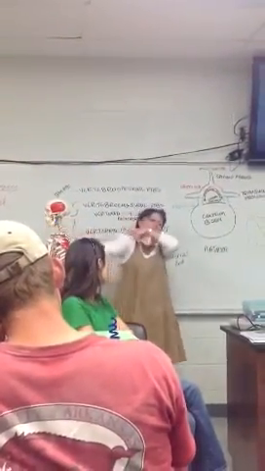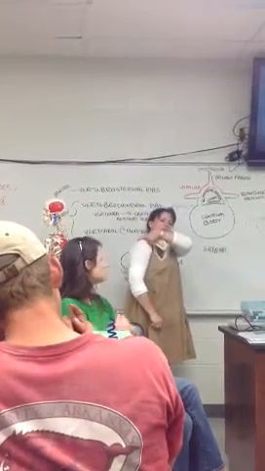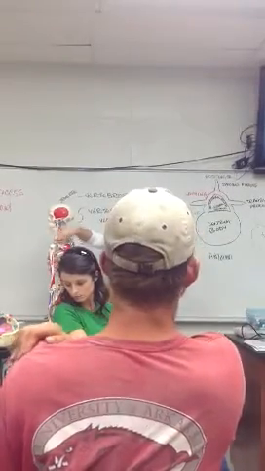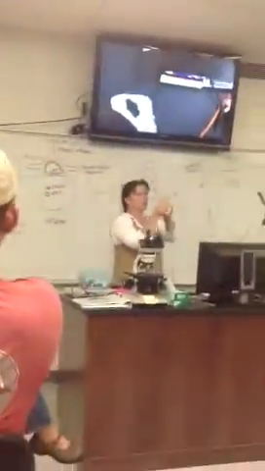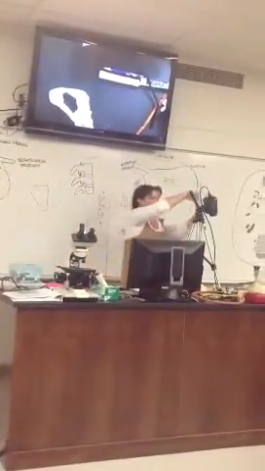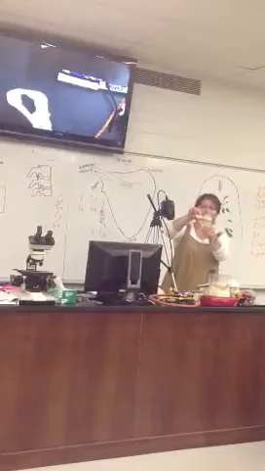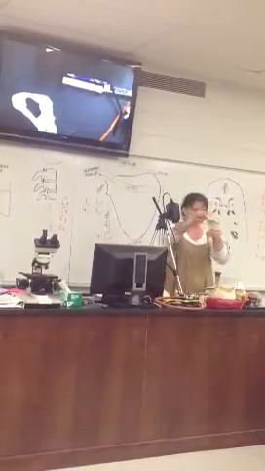So it is the one that you can feel jutting out at the back of your shoulder there. That is the acromion process of the scapula. And if you look directly behind that, there is another process there. That one is called the coracoid process.